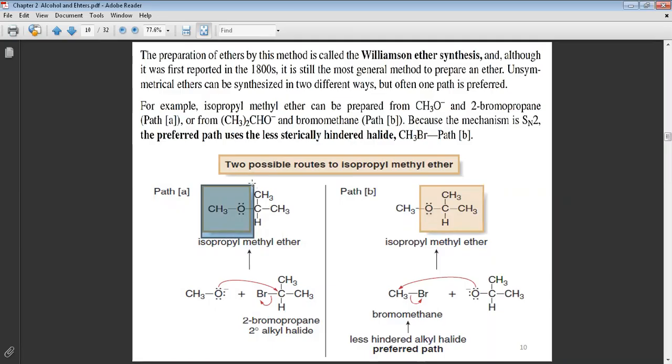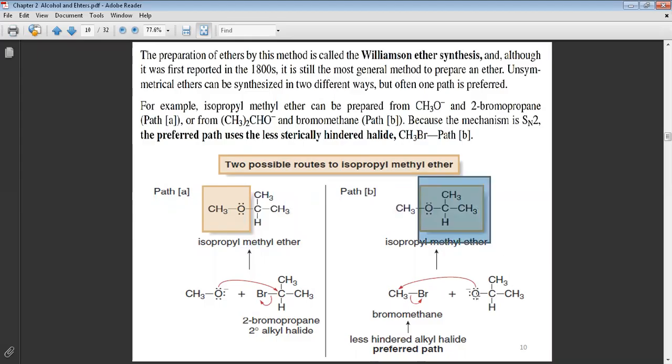And this will be the alkyl halide part: CH3 carbon, CH3 hydrogen, and Br. Here it is the reverse: this will be the alkyl halide, CH3 alkyl halide, and this will be the base.